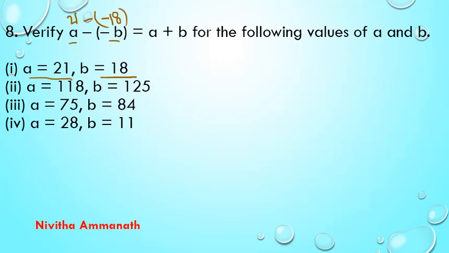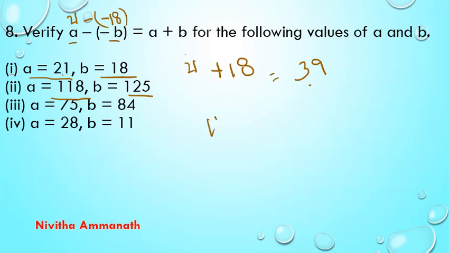So minus of minus means it is plus: 21 plus 18. That is equal to 39. So 21 plus 18 is 39. That's also correct.